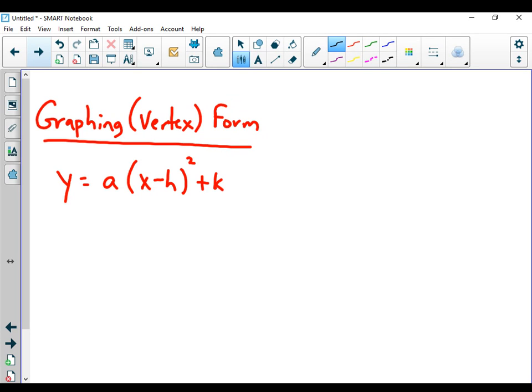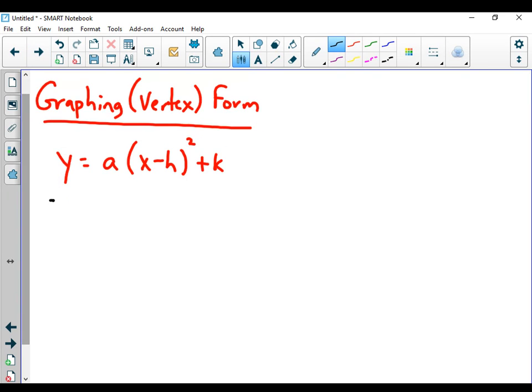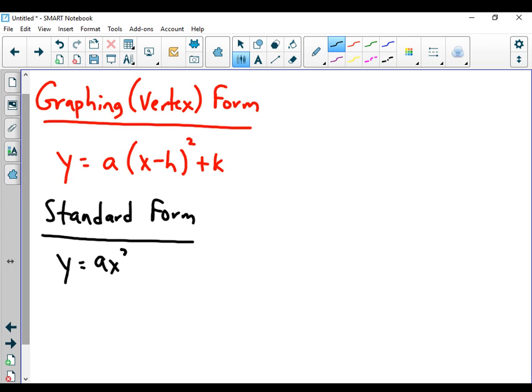We actually have two other forms that we'll write our quadratics in. One of those other two forms is what's referred to as standard form. Standard form looks like this: y equals ax squared plus bx plus c.